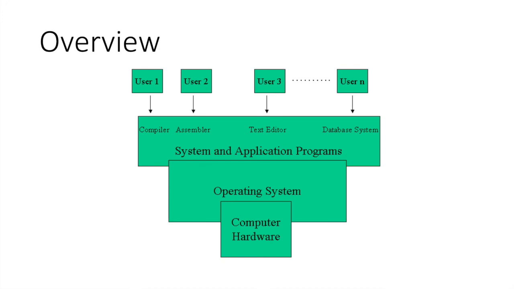Ankush would be the user of the smartphone, and he would be using an application like YouTube, and that application would run on the operating system, which lies on the computer hardware. So this is the basic overview of how the operating system helps the user interact with applications which are running on the computer hardware.